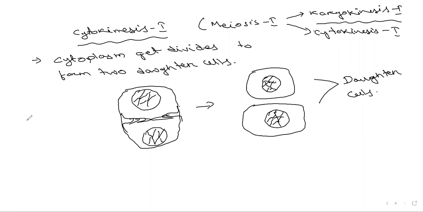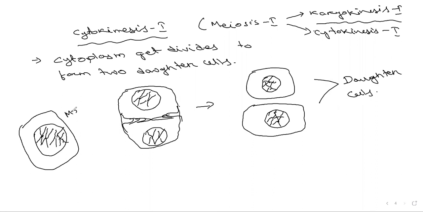If you compare the mother cell and daughter cell, suppose this is your mother cell. How many chromosomes does the mother cell have? The mother cell has 4 chromosomes. This is one chromosome, this is another, this is another, this is another.